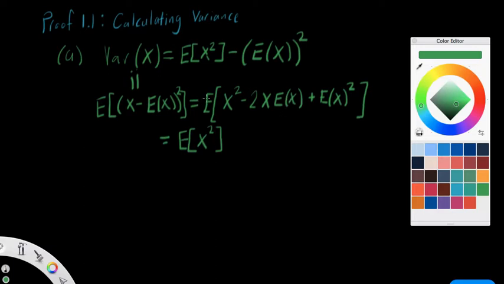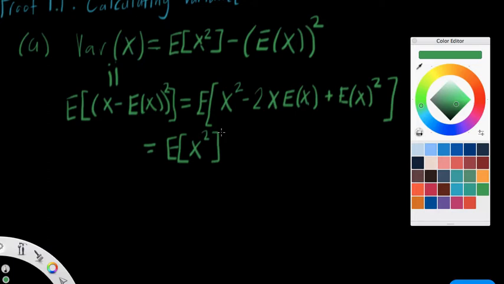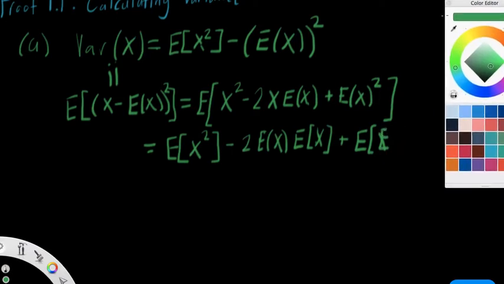So we can pull that out of our expected value and say, that subtract 2 expected value of X times expected value of X, plus expected value of our last term, the expected value of X squared.